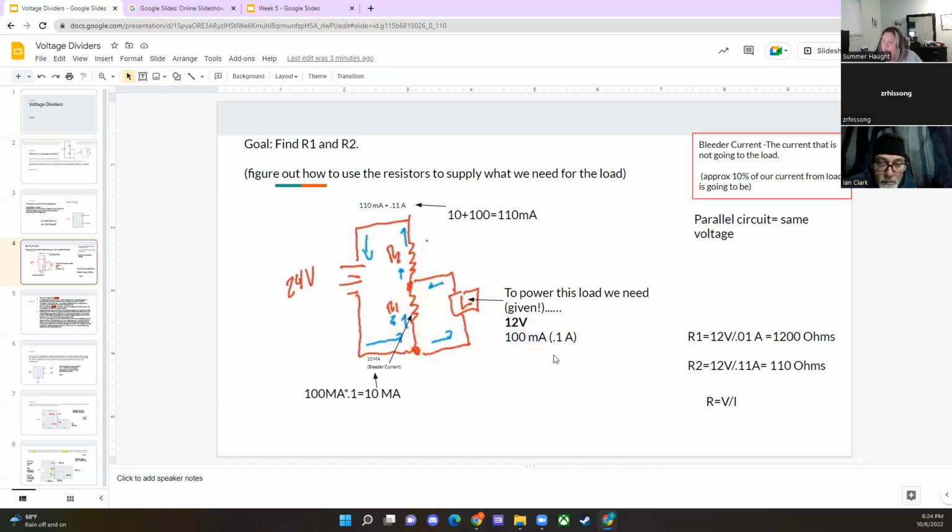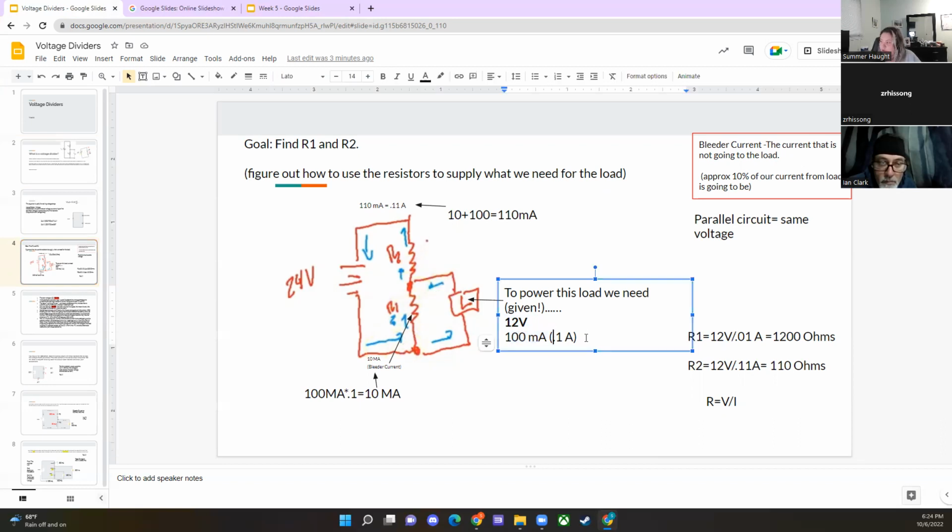That's all we were given for this problem, these two values and this 24 volts. But that in itself is enough to solve for what R2 and R1 equal, which is the point of this question and really the point of this week's exam. This in the corner here is something important and critical for designing these circuits that we're introduced to this week, and it is the idea of the bleeder current.